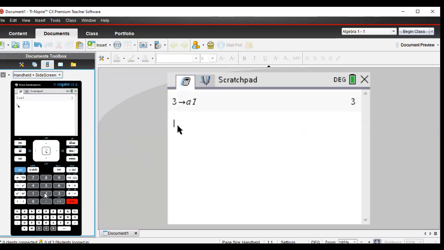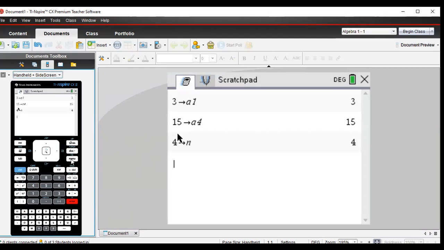And then I'm going to do 15, and I'm going to store that into a sub 4. So a4. Boom, that's done. And then I know that the 4th term is what we're looking for. So this is going to be 4, and I'm storing that into the letter n. Press enter. And now I'm ready.